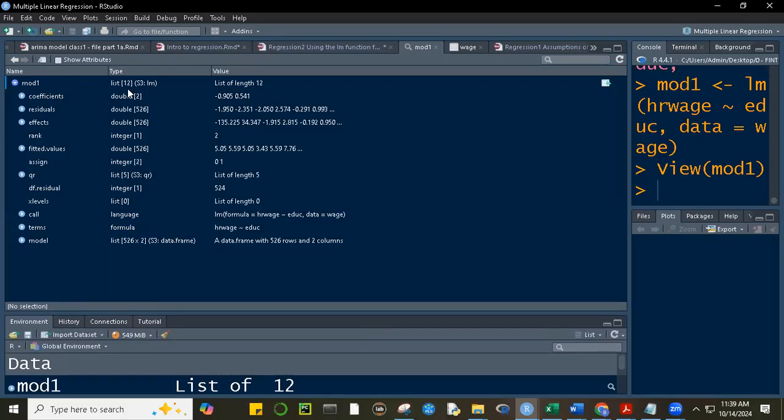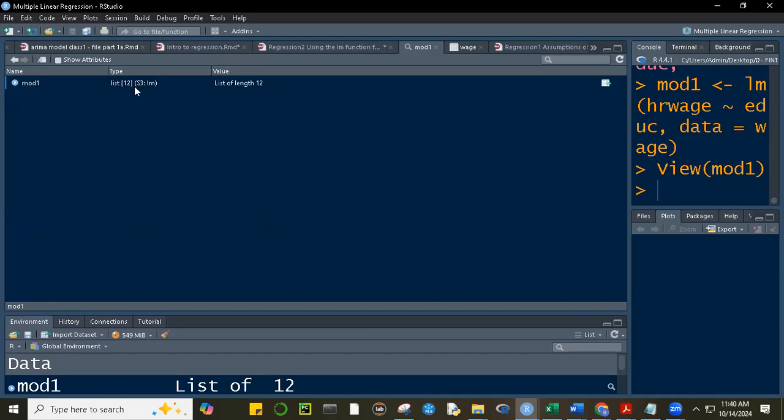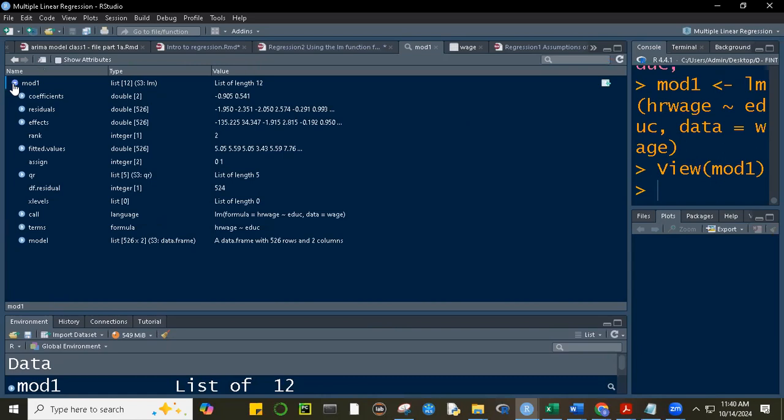Ito yung si model 1 natin. 12 elements inside mod 1. So, ano yung mga laman niya, class? Andyan yung coefficients. So, ito yung coefficient class. Andyan yung residuals. Andito yung effects. And then, fitted values, these are your forecasted values. Okay, and then so many others.